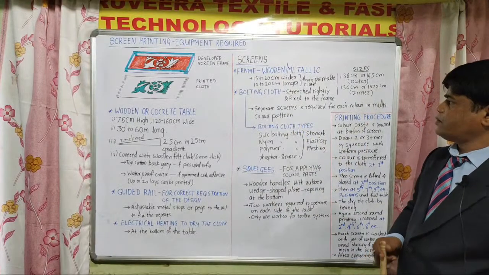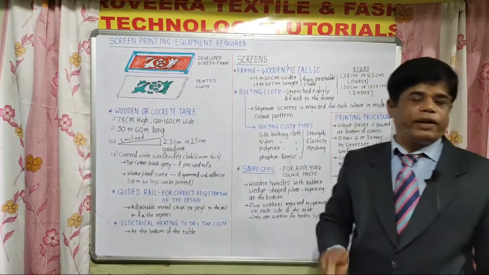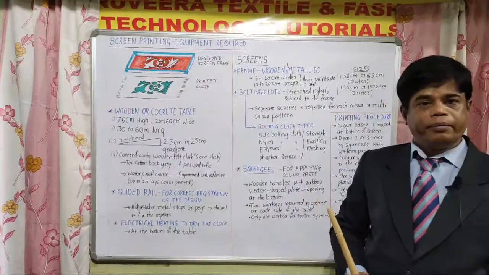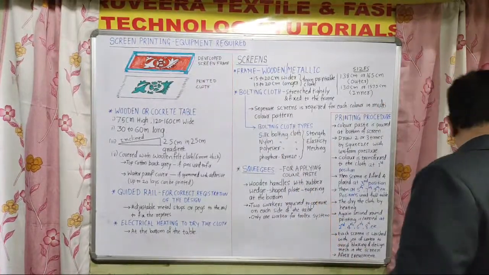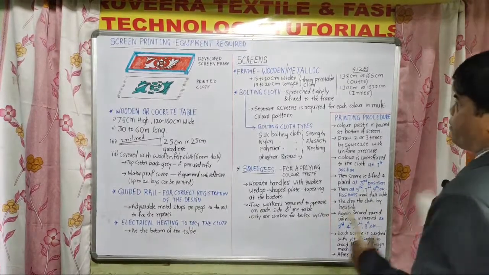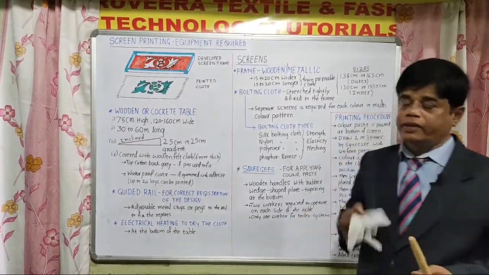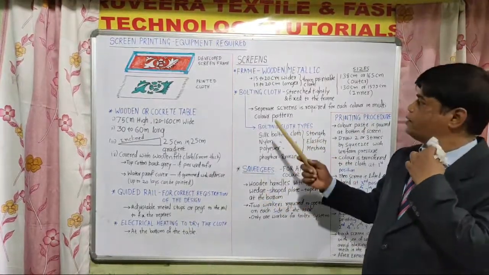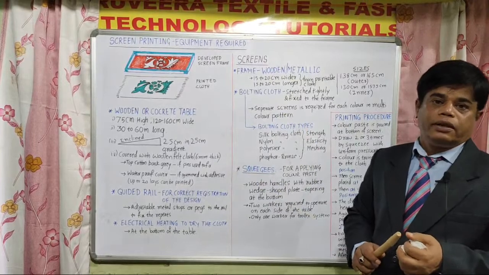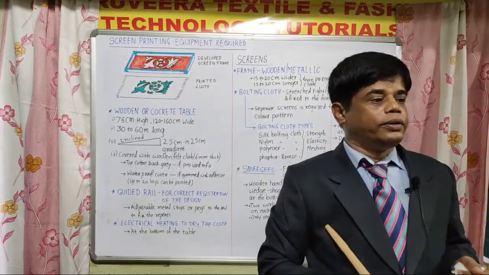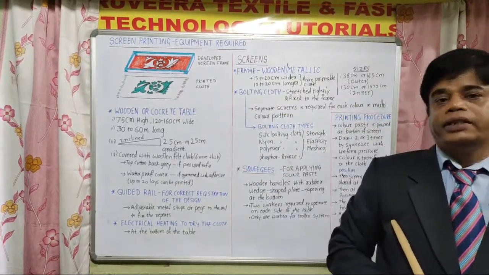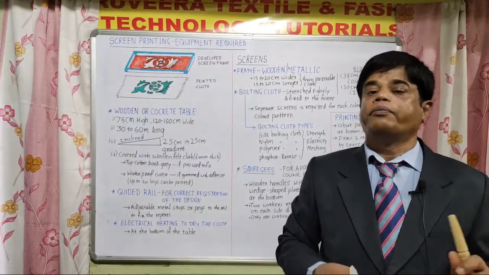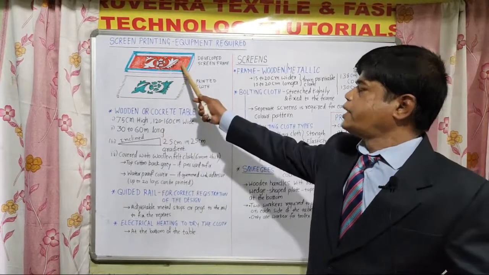Now we have understood what the frame is: a wooden frame or a metallic frame. Correct? For this frame, what are the other things involved? Bolting cloth is there. Friends, in the last class I told you bolting cloth is the fabric used for preparing this screen.